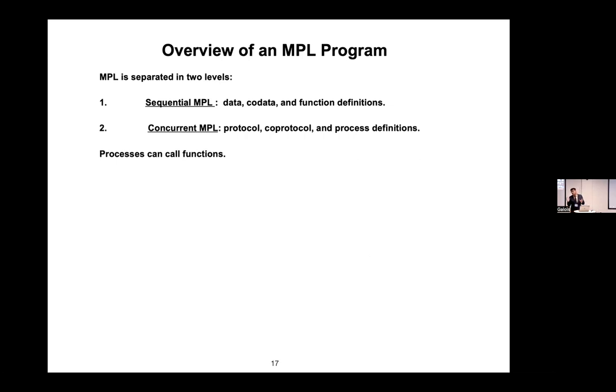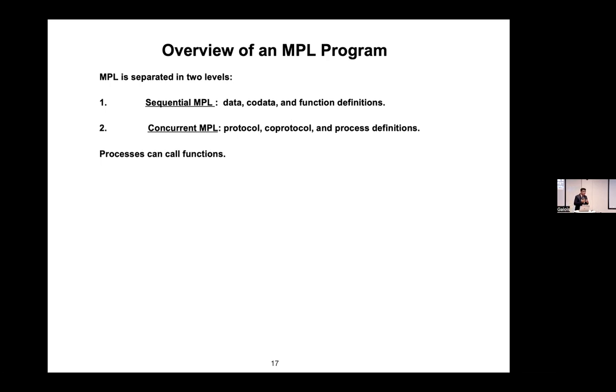And sequential MPL is your run-of-the-mill functional language. Actually, no, because it has codata definitions as well, in addition to data definitions. And it allows you to define functions like a normal functional language. In addition, concurrent MPL allows us to define protocol and coprotocol definitions. These are data definitions and codata definitions in the concurrent world.